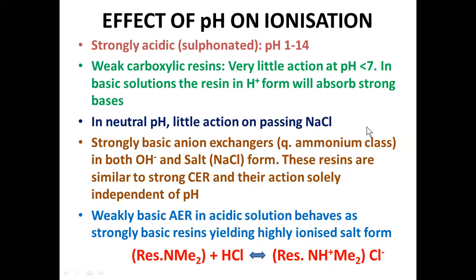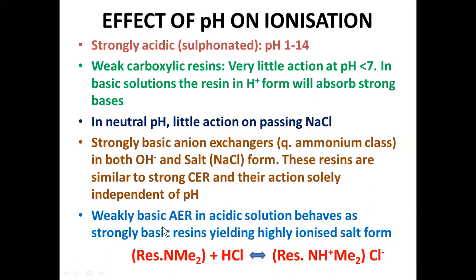So, to remember this better: strongly acidic and strongly basic resins are independent of pH. Whatever pH you maintain, the separation process can be performed. While using weakly acidic and weakly basic resins, you have to maintain either a basic or an acidic medium. If you are using weakly acidic resins, you have to maintain a basic medium.